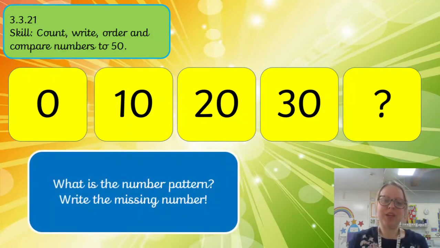Okay, now we're going to have a quick look at number patterns. What is the number pattern here? Have a little look and tell your partner or your adult what the number pattern is. See if you can figure it out. Can you write the missing number? Where there is a question mark, you need to write what number that would be.